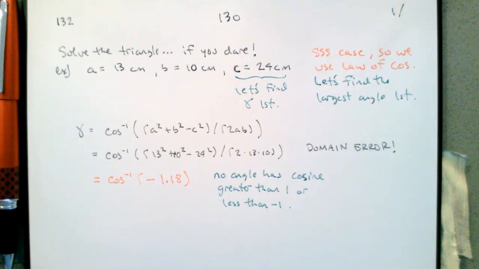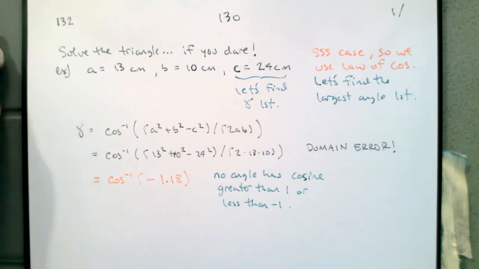Let's take a look at the given information and see how we could have seen this coming. Notice that one of the sides is 13, the other side is 10, and the third side is 24. So one of the sides of this triangle is greater than the sum of the other two sides.